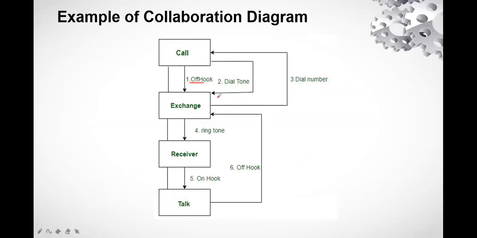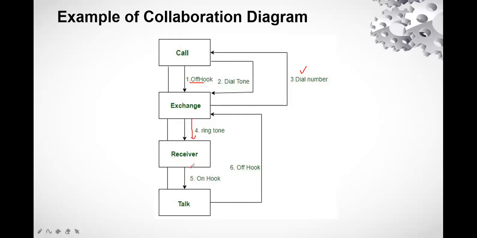The call is going to listen to the dial tone, and at the exchange we are going to dial the number. So the third message is dial the number, and that will be given to the call. Now after that, what is the fourth one? The fourth one is a ringtone which will be sent when we dial a number. That will go through the exchange to the receiver connecting point.